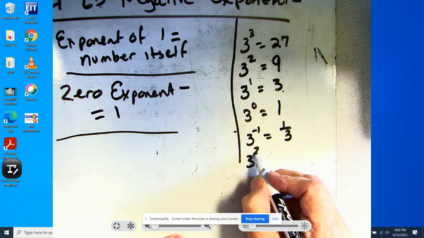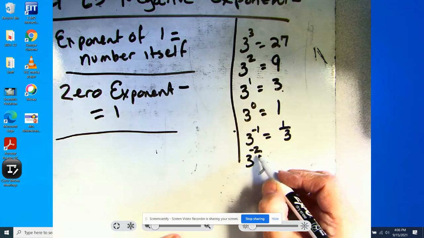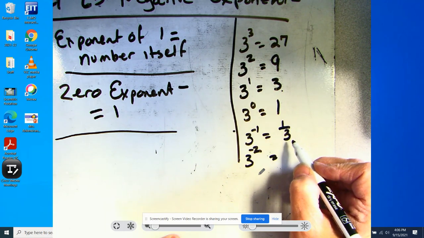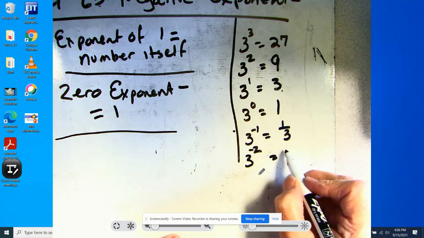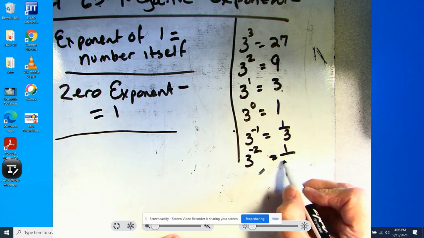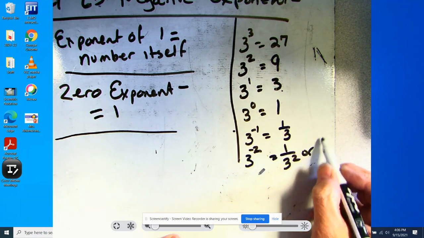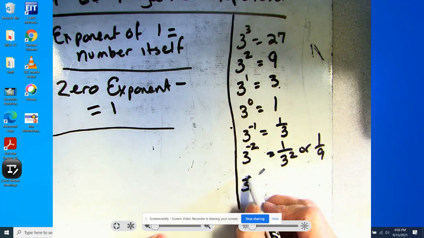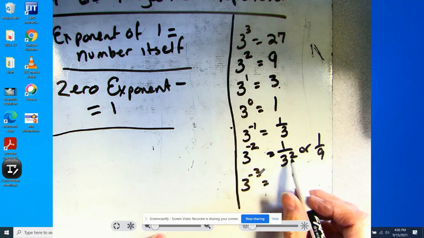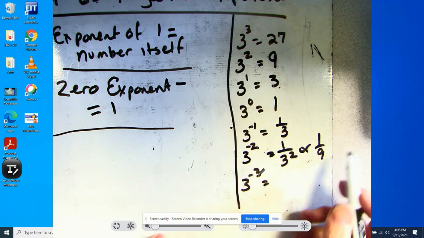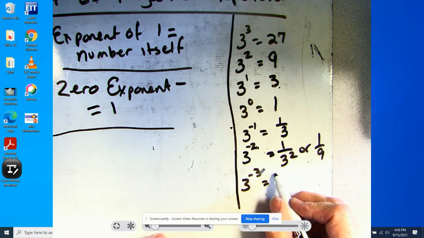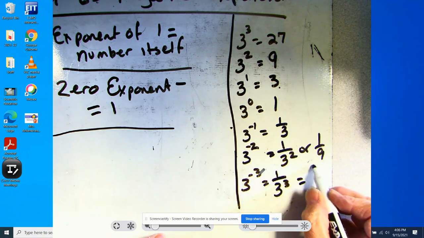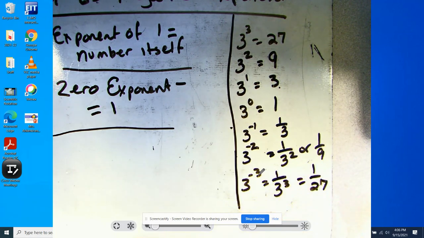3 to the power of negative 2, so 0, negative 1, negative 2, would be 1/3 divided by 3, which would equal 1 over 3 squared, or 1/9. 3 to the power of negative 3 would be 1/9 divided by 3, which means it would be 1 over 3 to the power of 3, and that would be 1/27.